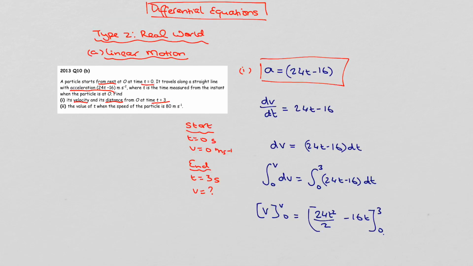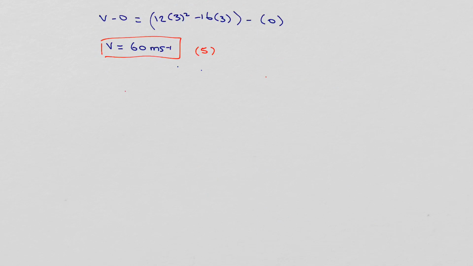So we can see that when I integrate dv dt, I get an equation for my velocity, which is v is equal to 24t squared over 2, in other words 12t squared, minus 16t. So if we're looking at that in general, v is equal to 12t squared minus 16t.